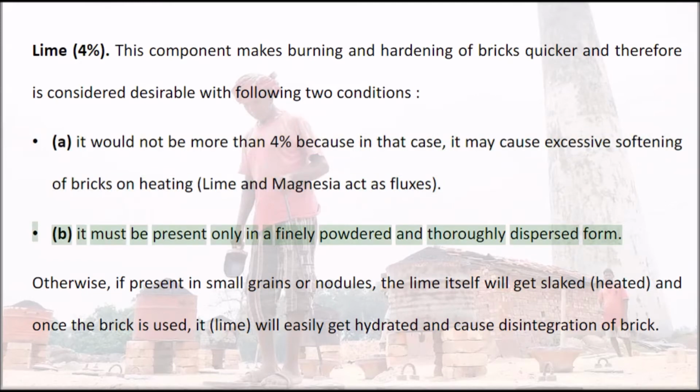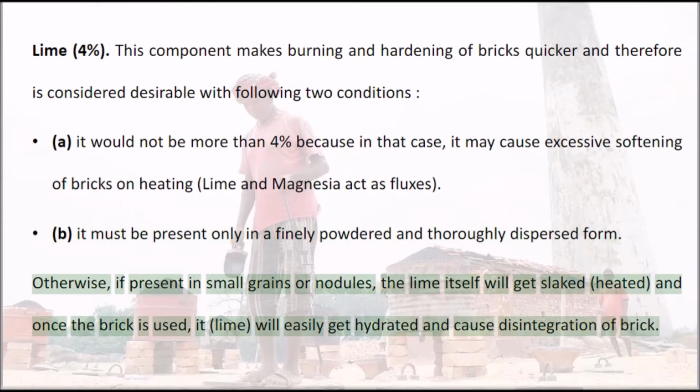B. It must be present only in a finely powdered and thoroughly dispersed form. Otherwise, if present in small grains or nodules, the lime itself will get slaked, heated, and once the brick is used, lime will easily get hydrated and cause disintegration of brick.